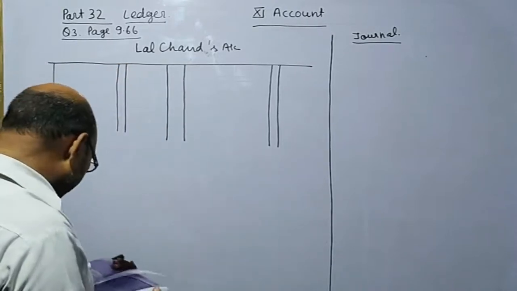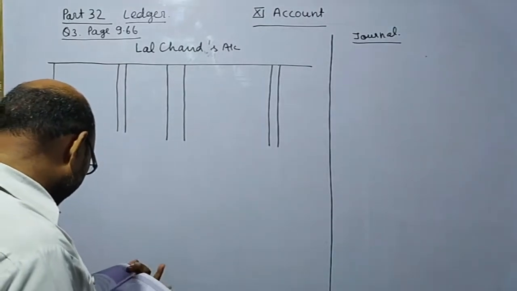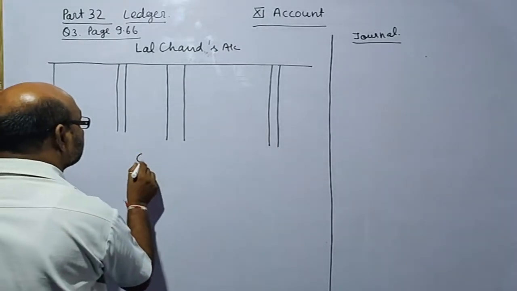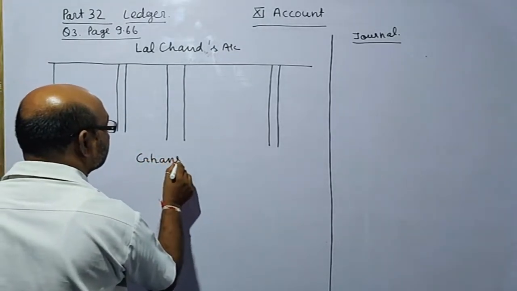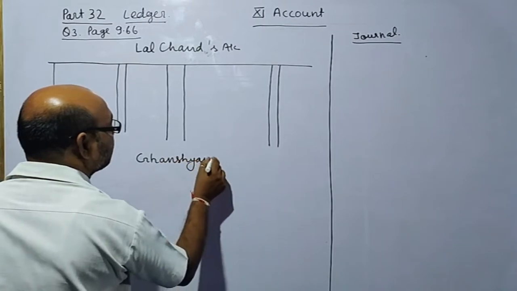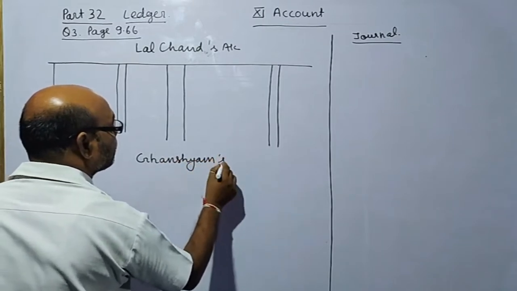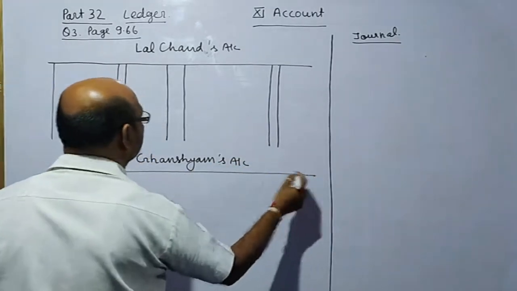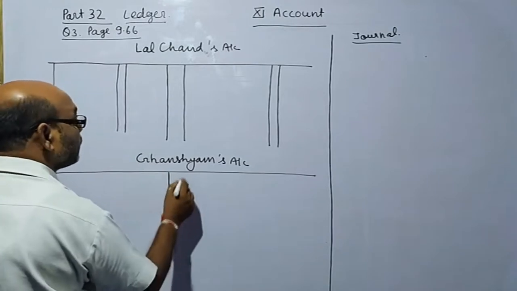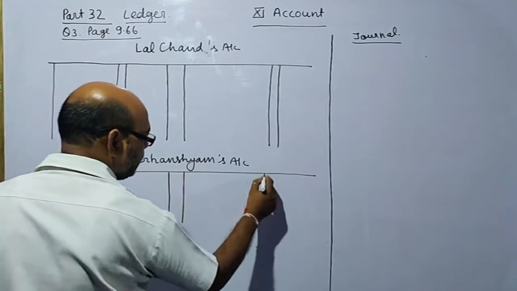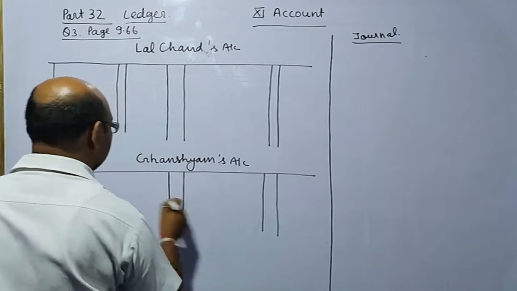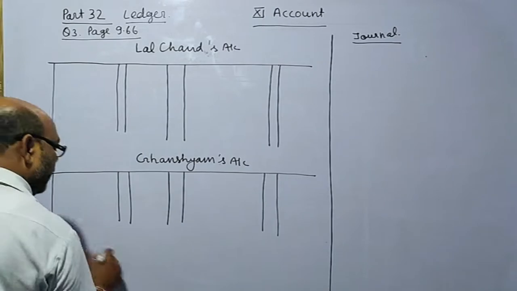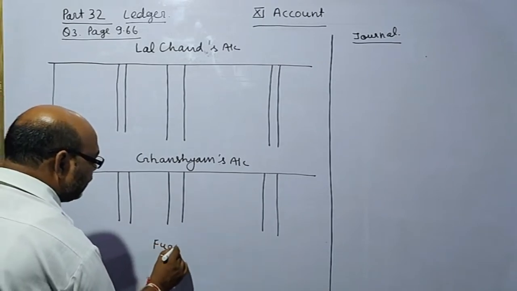And one more account we will draw here, liabilities related, like a Ghanshyam account. One more account we are going to open here, furniture account.